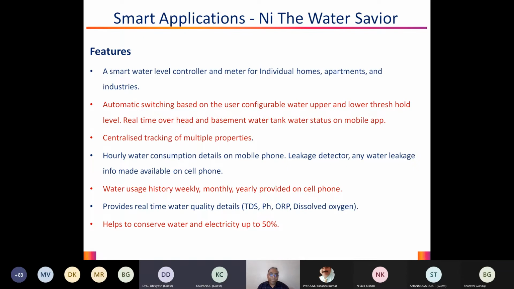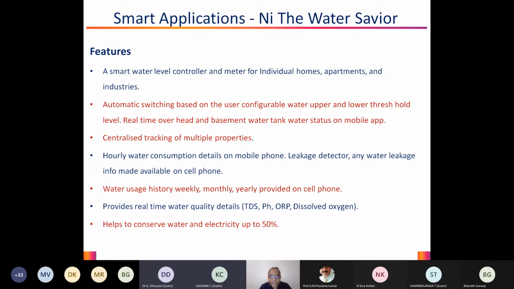One of the products of Nimble Vision is called the Water Saviour. As far as its current level is concerned, it may not be directly fitted to Industry 4.0, but as far as its potential is concerned, it is definitely going to be a part of it. In fact, it is even backed by the Government of India and various companies like Amazon and Qualcomm. They are moving forward and trying to work out a solution so that it can be extended to society in general.